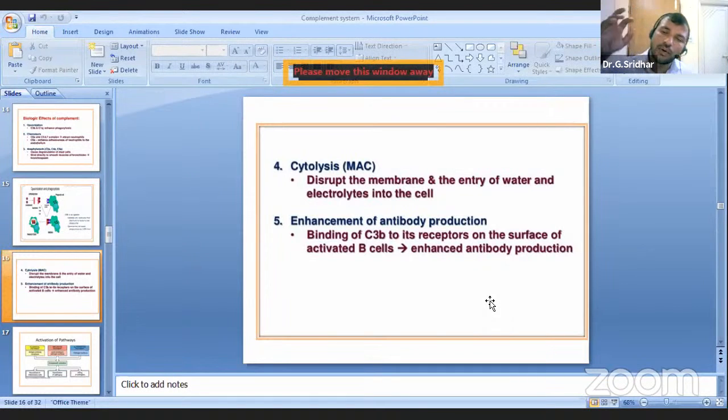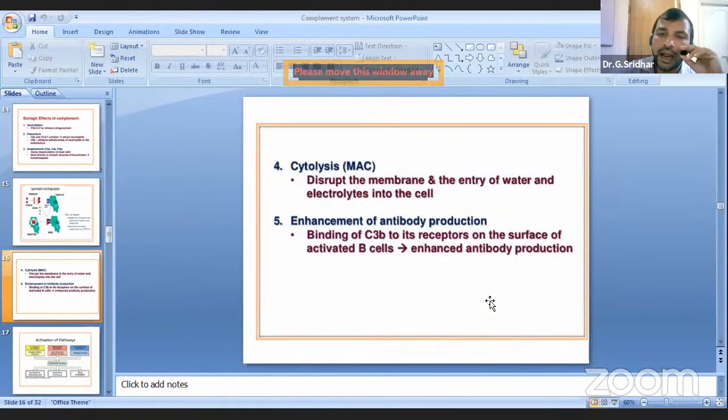This pore-like structure will bind and sit on the bacterial cell membrane, make a pore, lyse the cell membrane of the bacteria, and kill the bacteria by this process. This is called direct cytolysis.